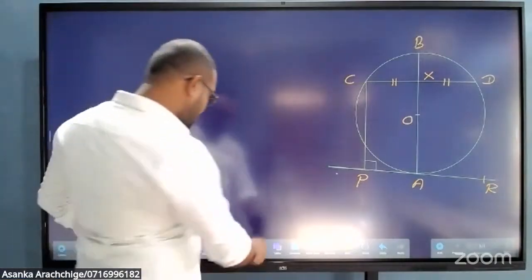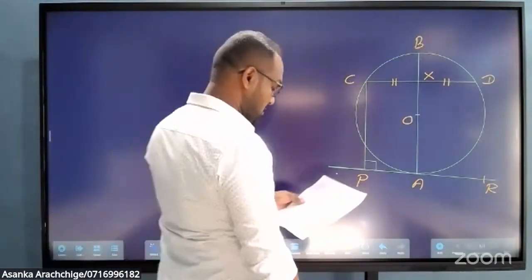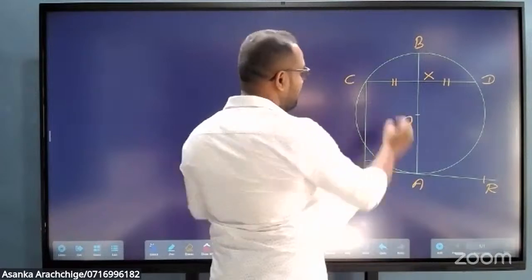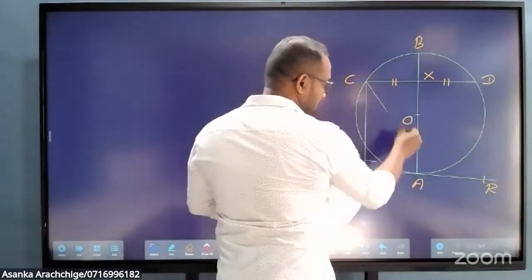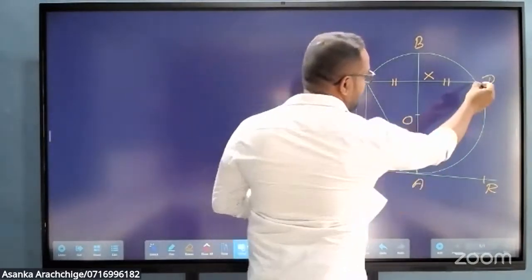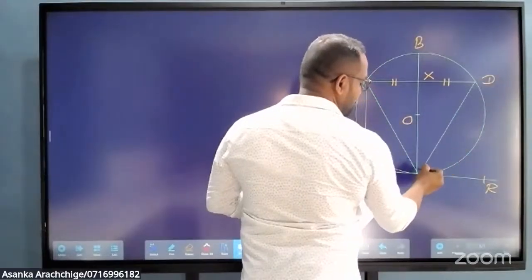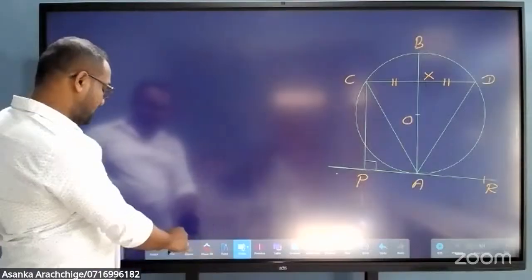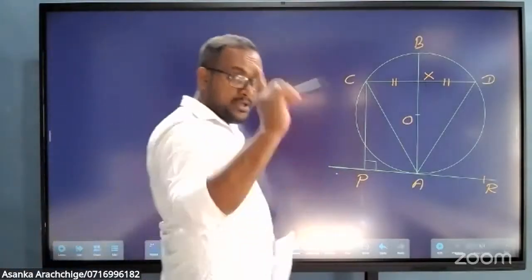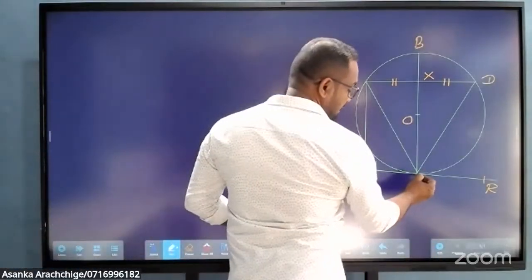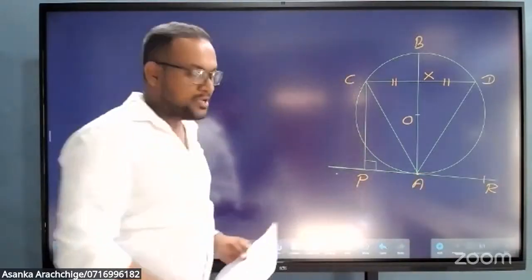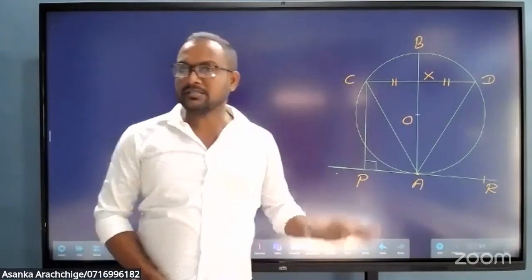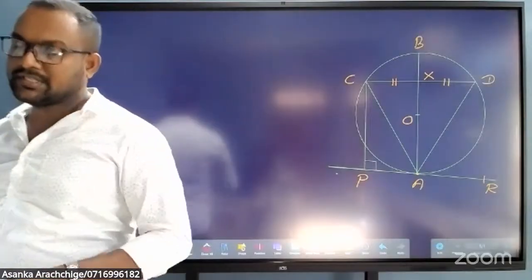And we can see more lines. C and D are joined to A like this. A is the point of contact, remember, because PAR is a tangent to the circle.